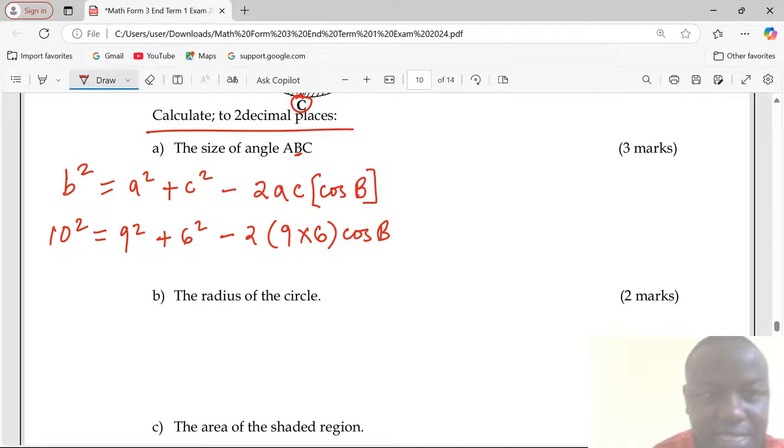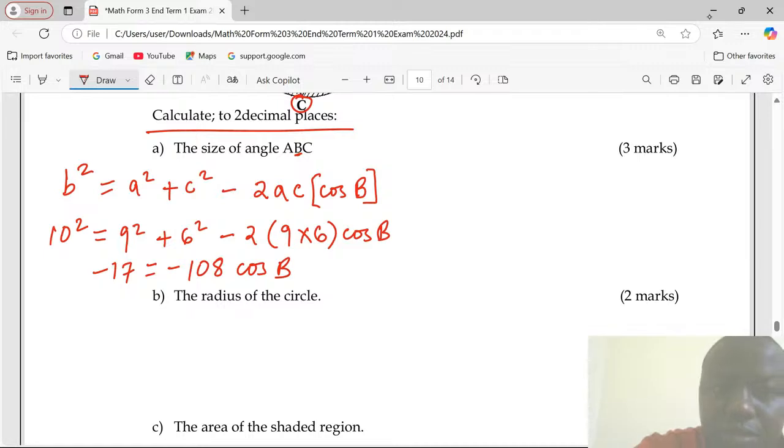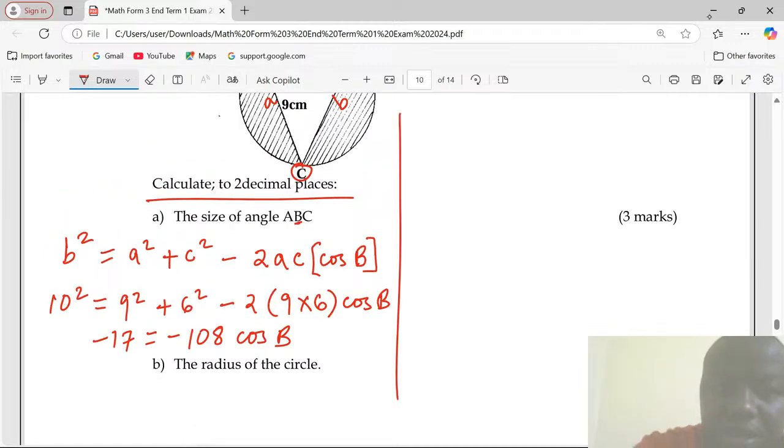So let me first take 100 minus 9 squared, which is 81, and 6 squared, which is 36. I'm getting negative 17 equals negative 2 by 9 by 6, negative 108, cosine of B. So for me to remain with cosine of B, I'm supposed to divide by negative 108, negative 17.